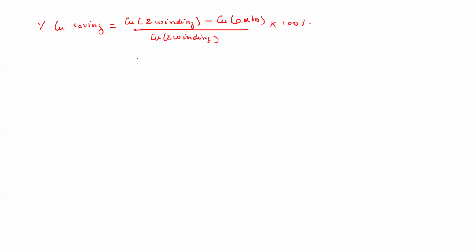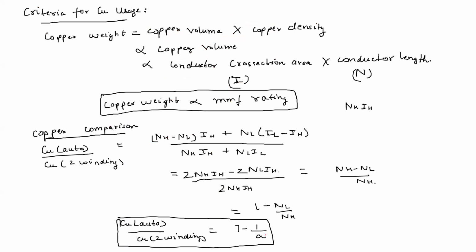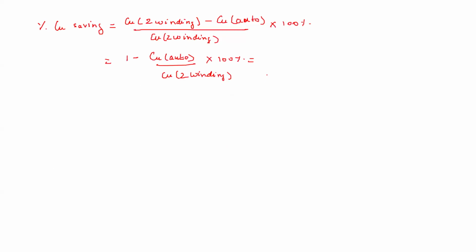This comes out to be 1 minus copper auto by copper two winding, into 100%. We have previously seen that this ratio is 1 minus 1 by A, so if we replace that, we get that the percentage copper saved is 1 by A into 100%.